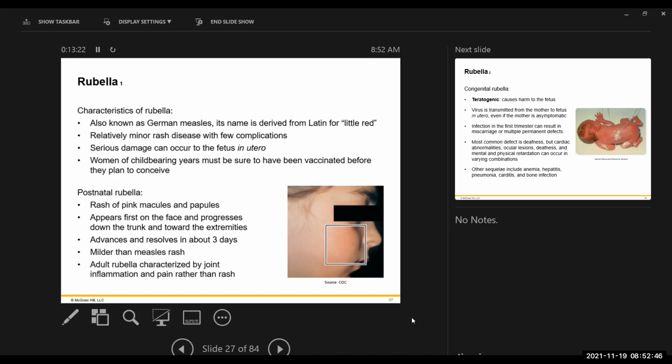Rubella, or German measles, is sometimes called the 3-day measles.